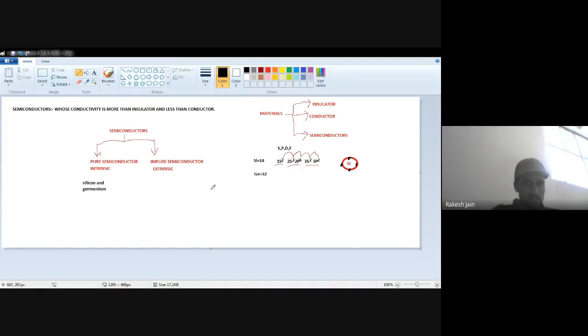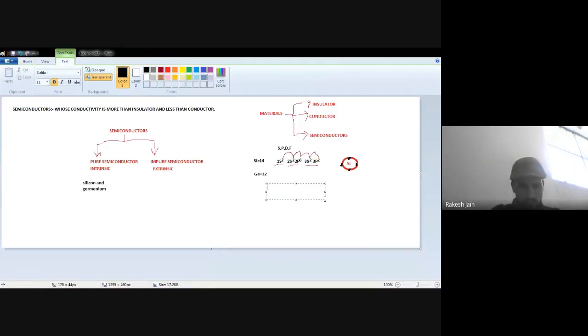Now similarly for germanium, because it is at 32, we have 1s, then 2s and 2p in the second orbital, then 3s, 3p, 3d, and 4s, 4p, 4d, and 4f.